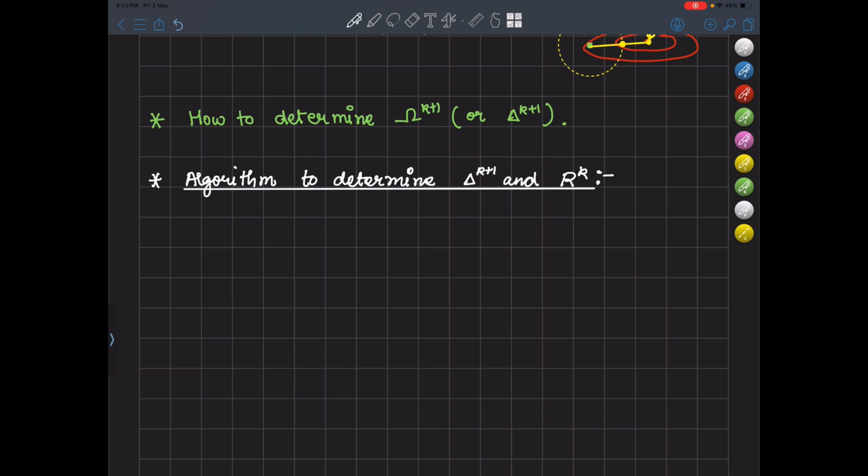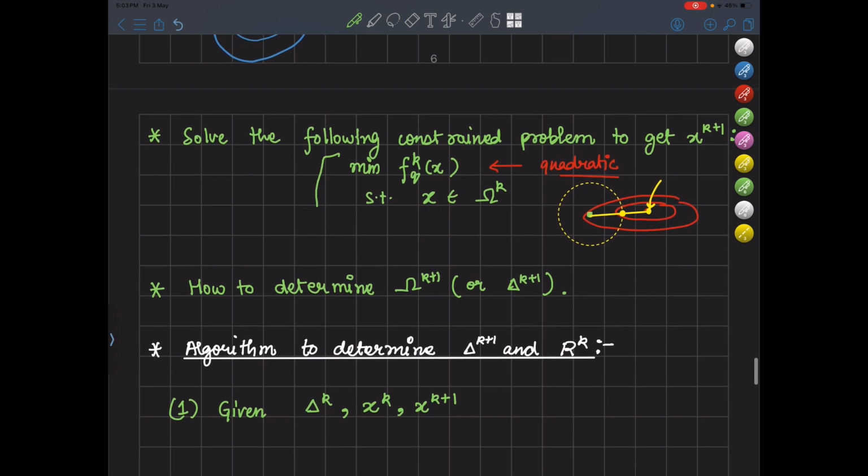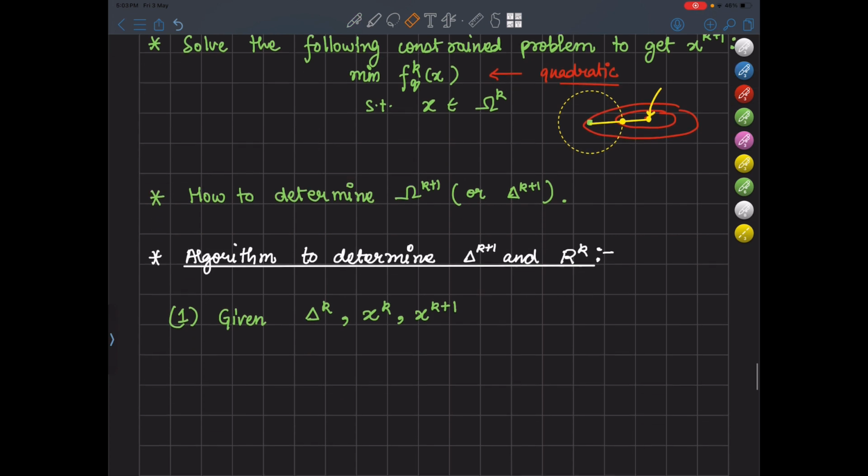So we'll see what it is in a minute. In the first step, in the current iteration step, we are given delta k, we have been given xk, and we have calculated xk plus 1 through solving that optimization problem that we saw. So we are given xk, delta k and xk plus 1.